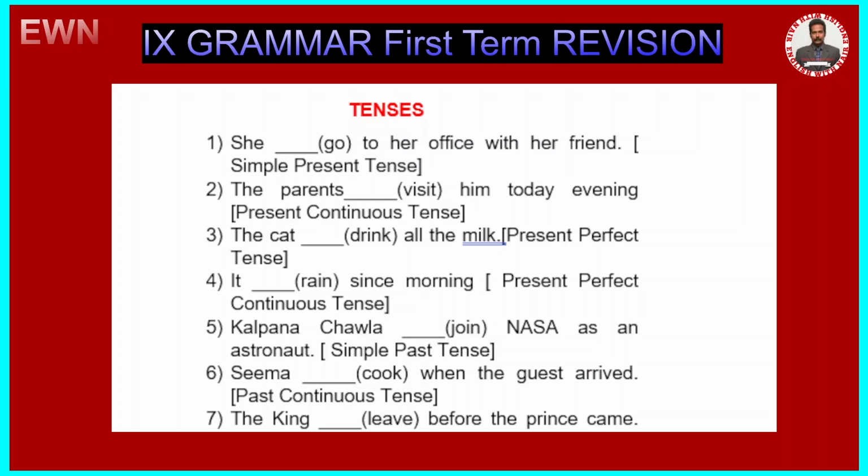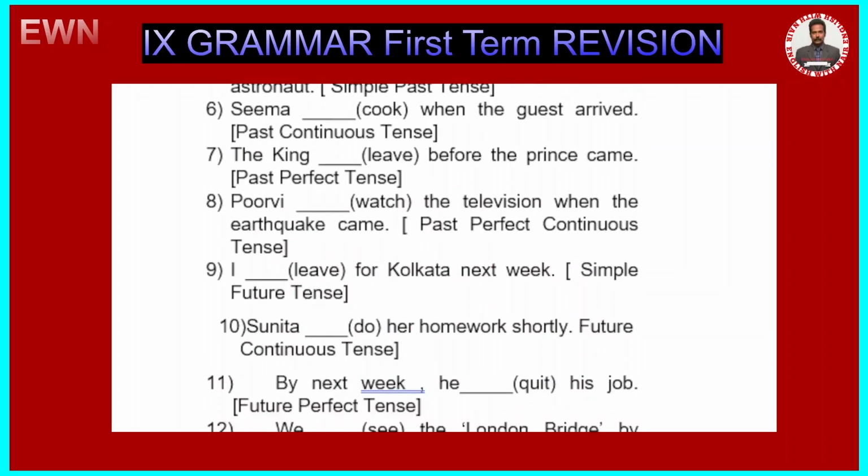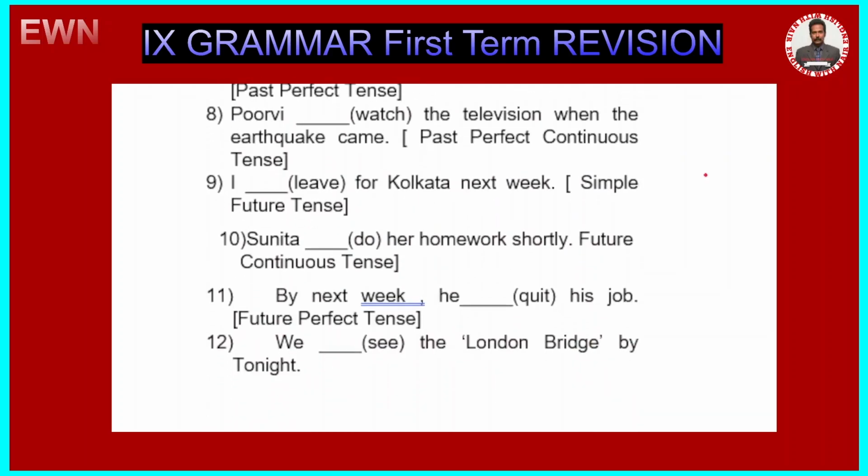The king dash before the prince came. Now here we have two past times. The prince has already come, and before that the king had left.